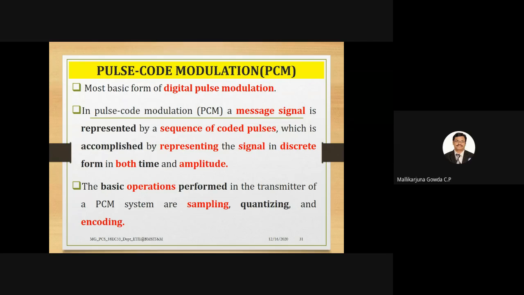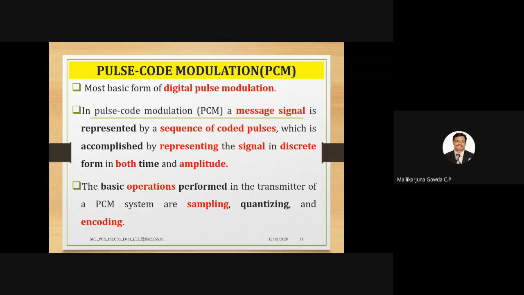How do we do that? We do that by representing the signal in discrete form, that is in both time and amplitude. How do we represent the message signal by a sequence of coded pulses?